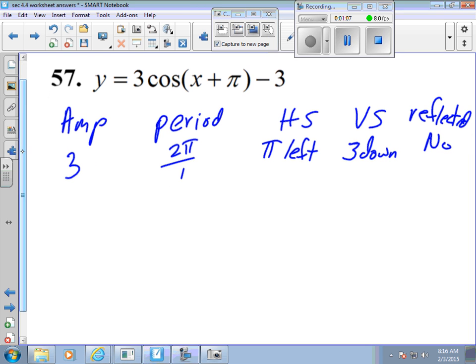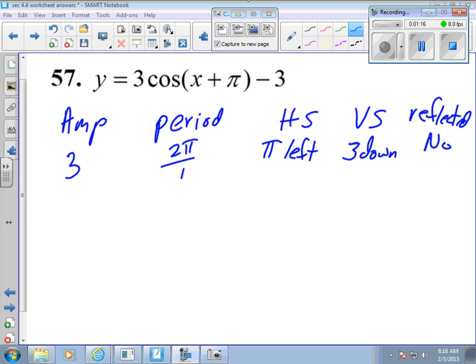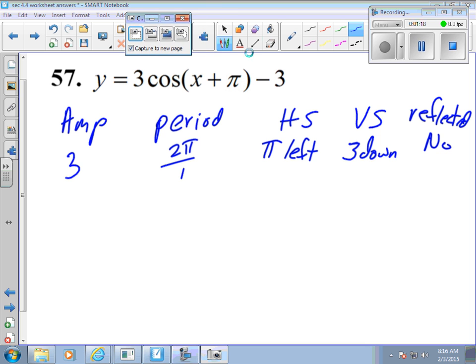If we're going to graph this, then we are going to have to grab a line.